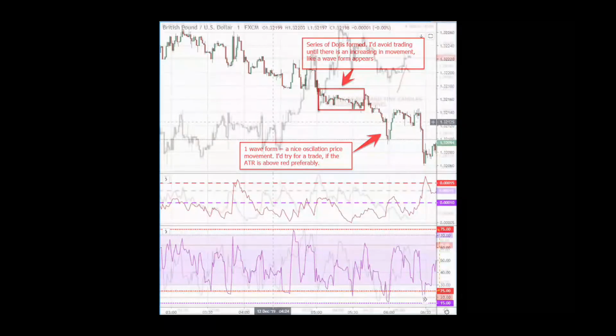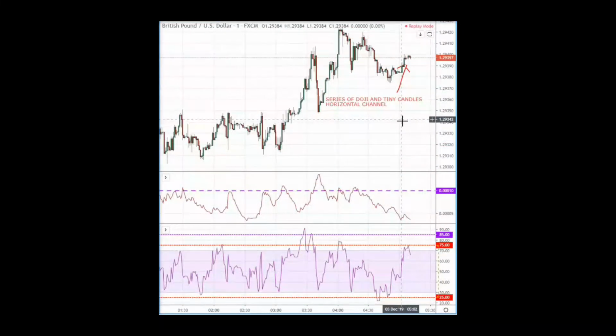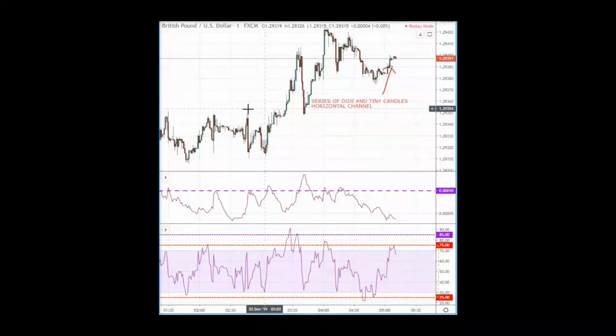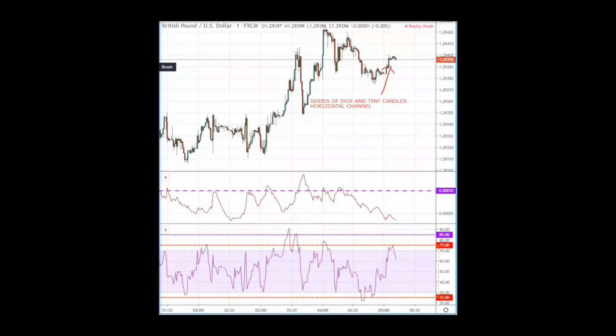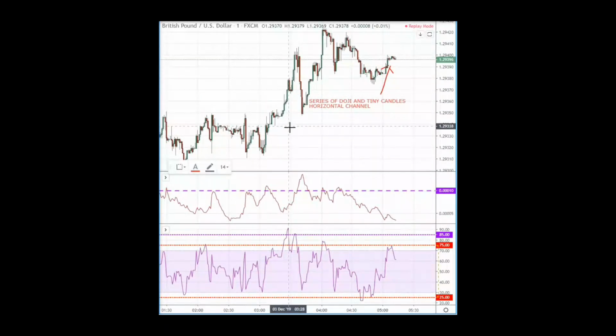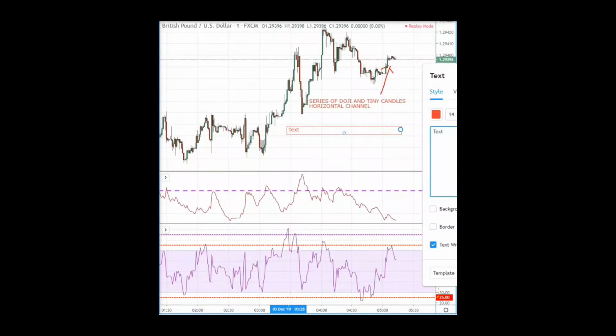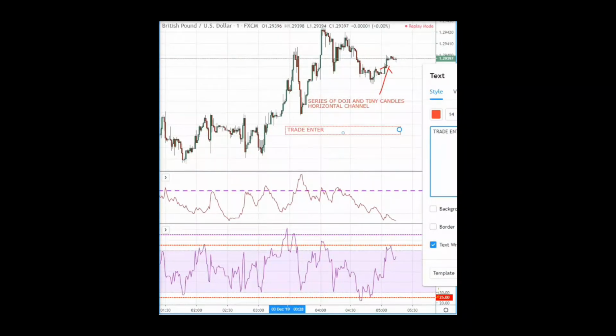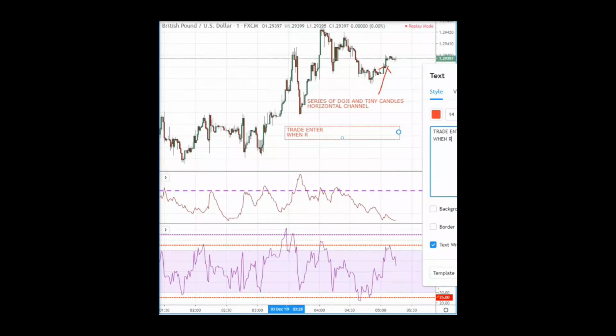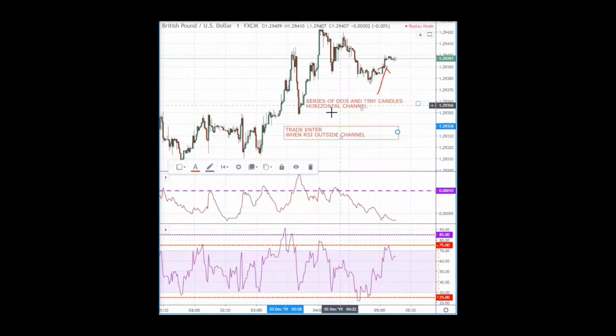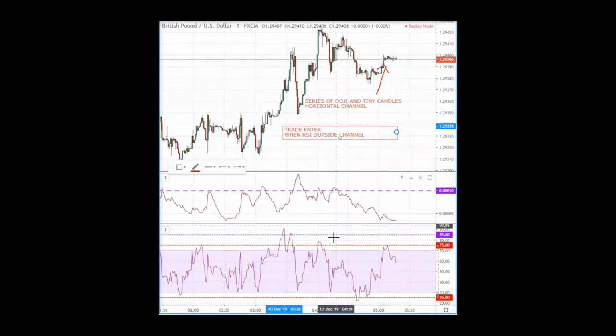For example, if there's a series of dojis, we can place a call trade hoping for the price to go up, but the movement is so little that we pretty much stay stuck within the small horizontal channel, in a very 50-50 zone because there's no momentum pushing the trade upwards to actually win a call trade.